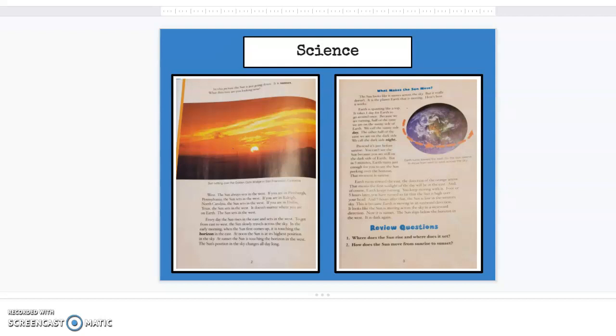Now it is sunset. The sun slips below the horizon in the west. It is dark again. Look at the picture of Earth on this page. Earth turns toward the east. So the sun seems to move from east to west across the sky.